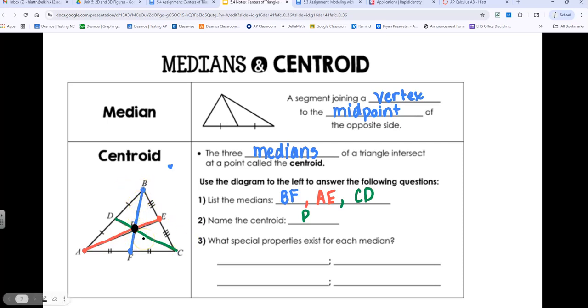Whenever that median gets split into a short piece and a long piece, it should always be true that the short piece is half the length of the long piece. Or we could say the long piece is twice as long as the short piece. So we could say here that special property, something like BP equals 2 times FP.